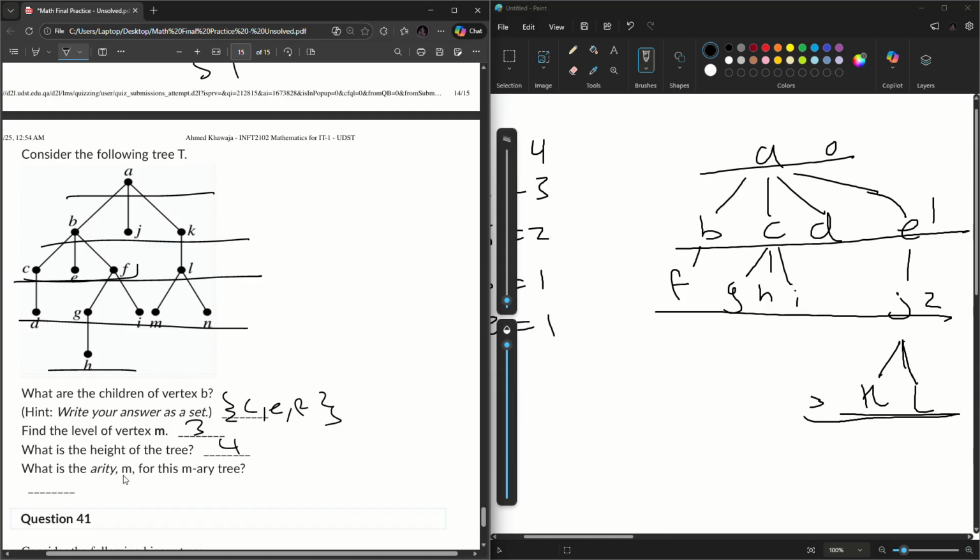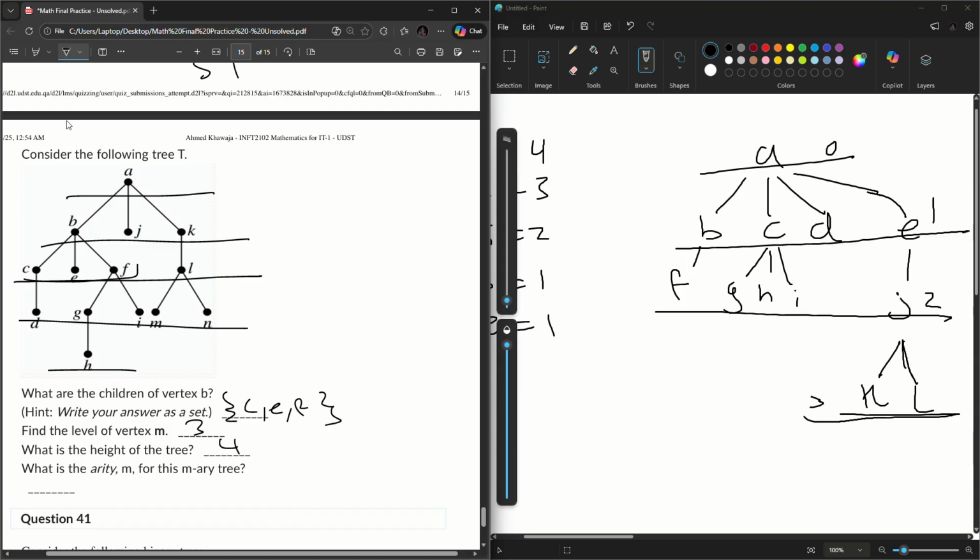What is the arity M for this M-ary tree? So the arity you can easily find out by looking at the maximum amount of children a parent can have. And in this case, it's 3.